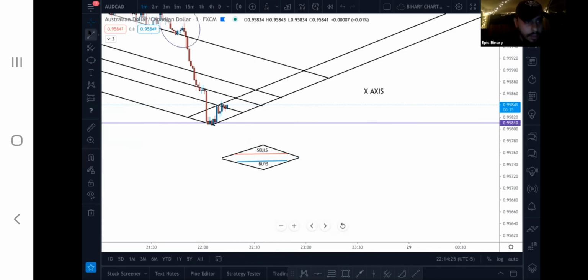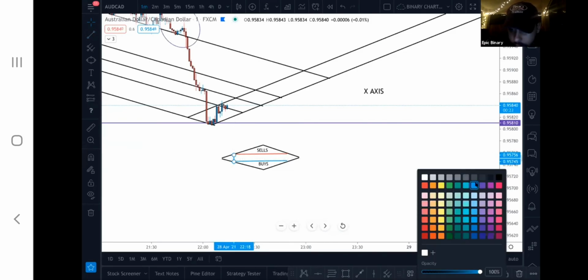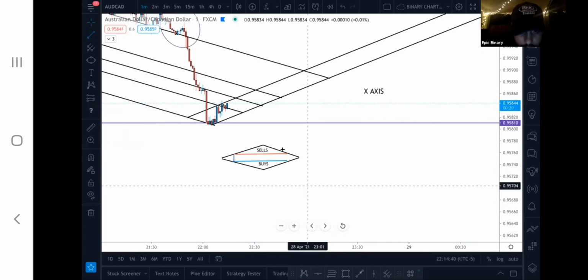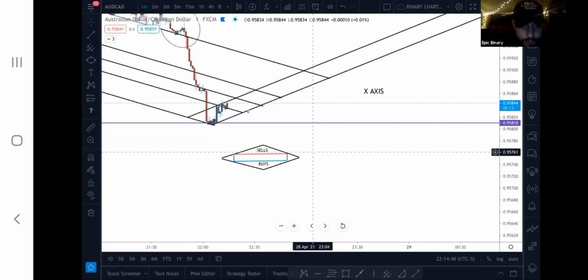Okay. Now hold on. It gets more complex. It gets a little bit more tricky. There's more to it. I'm going to make these lines purple. All right.